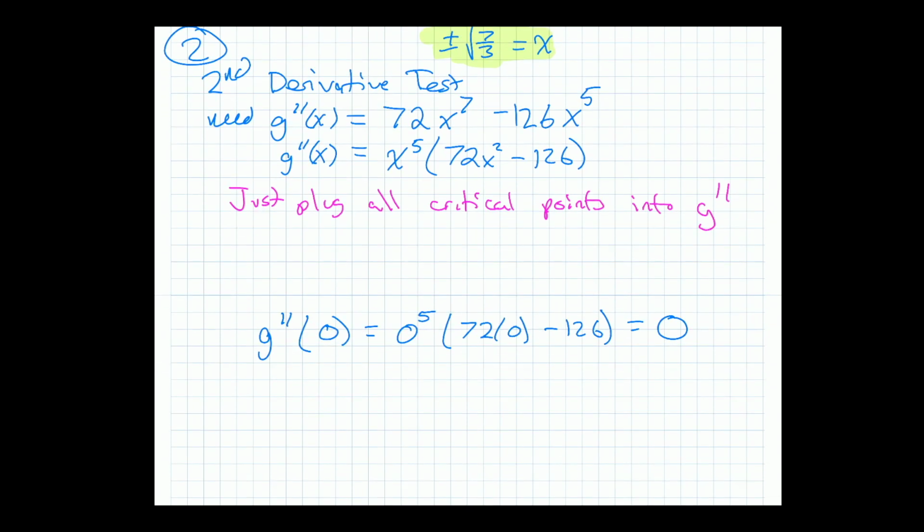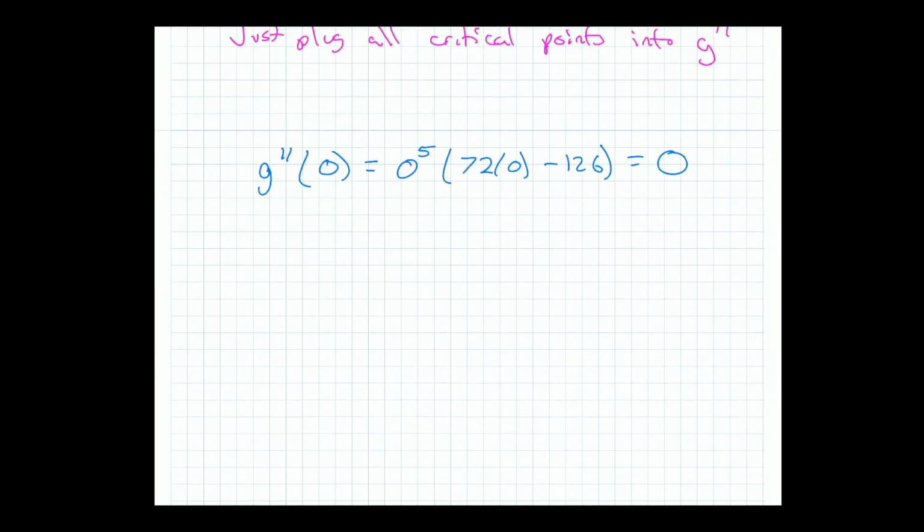So technically, I don't even know if x equals 0 is a local minimum or maximum, because the second derivative was 0.